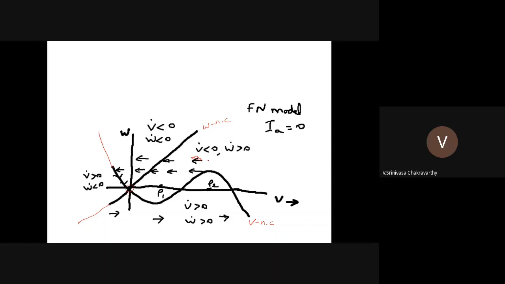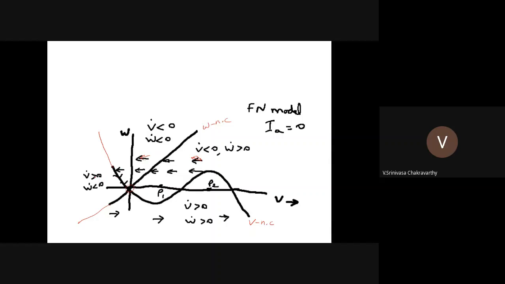So w dot can change its sign, but the magnitude is generally much smaller than the v dot magnitude. That's the main difference between the v dynamics and w dynamics, because b and r are small. So here the flow is leftwards but slightly turned upwards. Here also the flow is leftwards, but slightly turned downwards in this part.